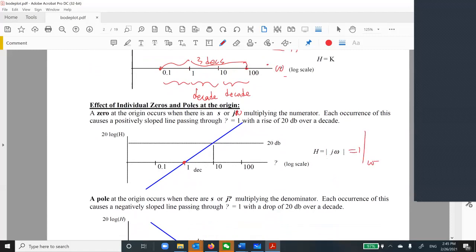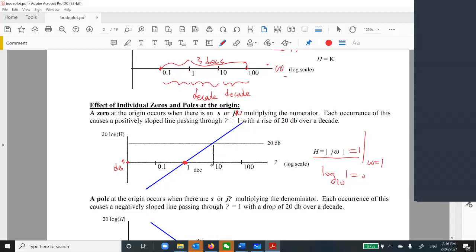When omega is 1, j omega is 1, so H is 1. What is log of 1? It is 0, so this is 0 dB. That's why you have 0 dB at omega equal to 1. So this point, you know it.